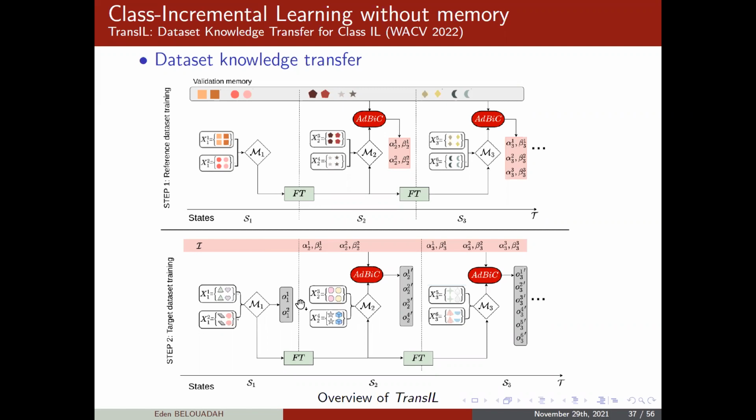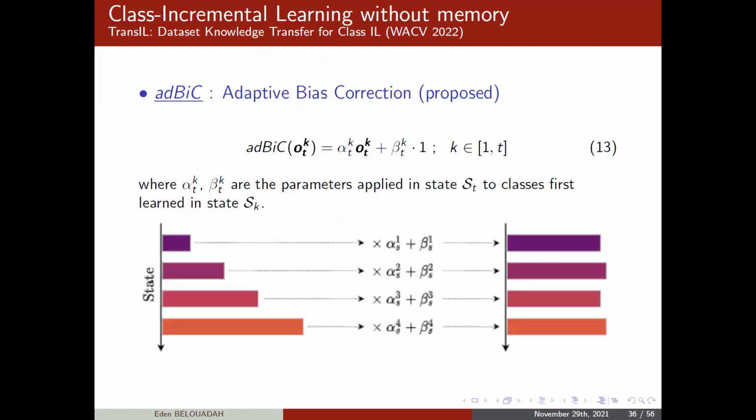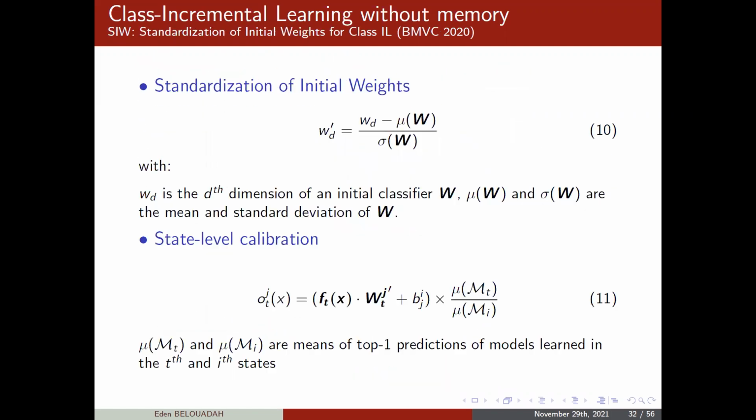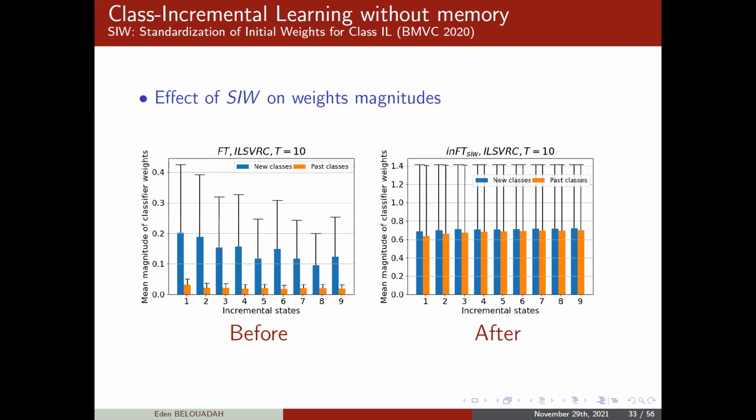This is a big assumption, in the sense that if we don't have reference data sets in the same domain as our data set, we won't be able to have these calibration parameters. So this is for TransIL. Now for SIW, I'm sorry, I don't see immediately.